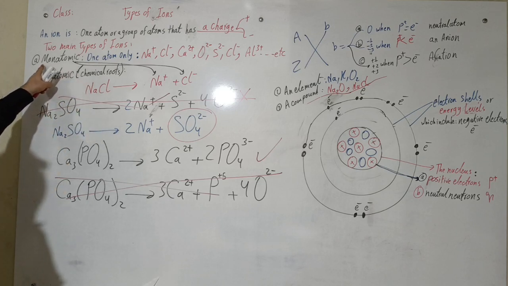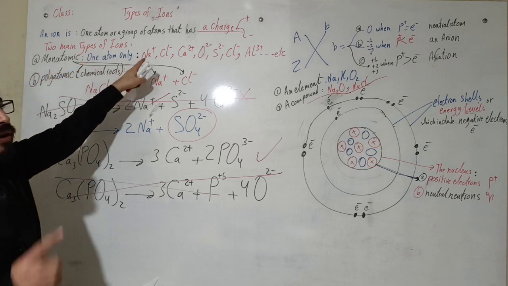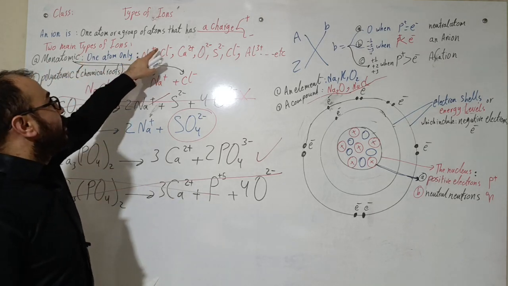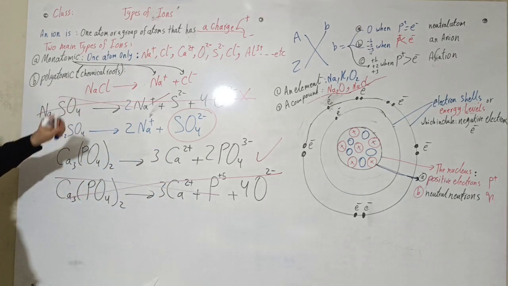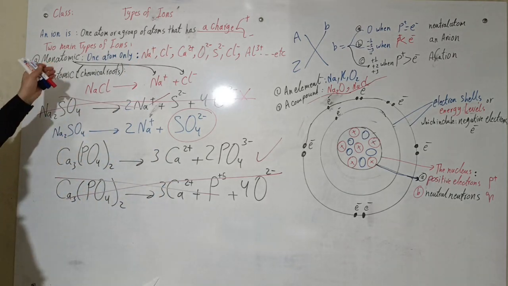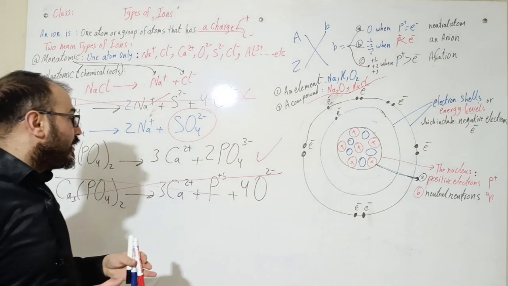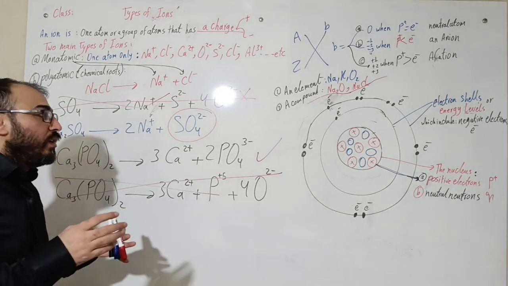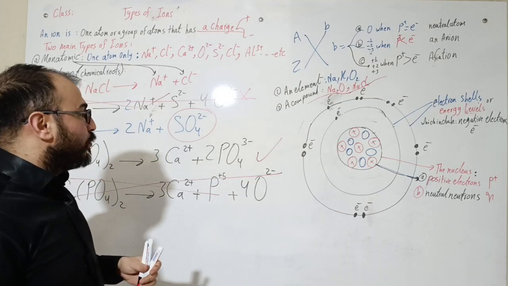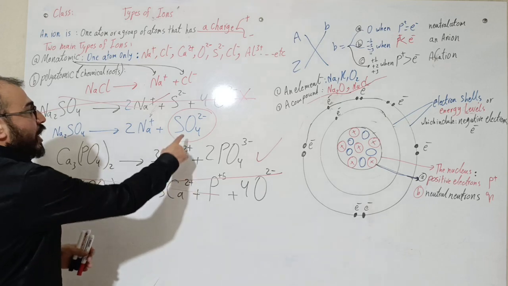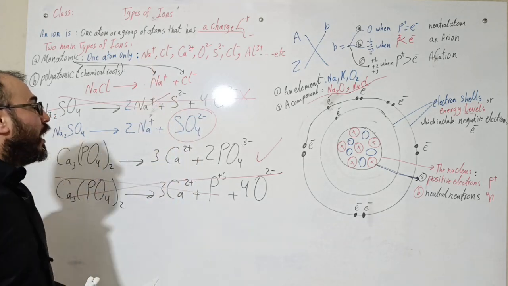The monoatomic ion is made up of only one atom that has lost or gained one or more electrons, while the polyatomic ions or chemical roots are ions that are made up of more than one atom, and they refuse to separate from one another ionically, and they are going to be dealt with like one ion.